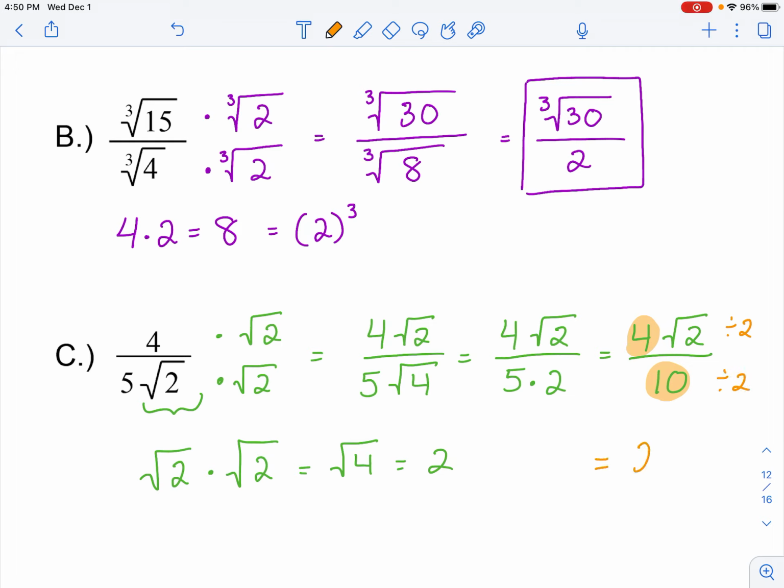I'm going to end up with 2 square root of 2 divided by 5. The inside of the radical will not change, but the outside does. So I'm reducing 4 over 10 down to 2/5, and then there's still the radical 2. All right, let me know what questions you have.